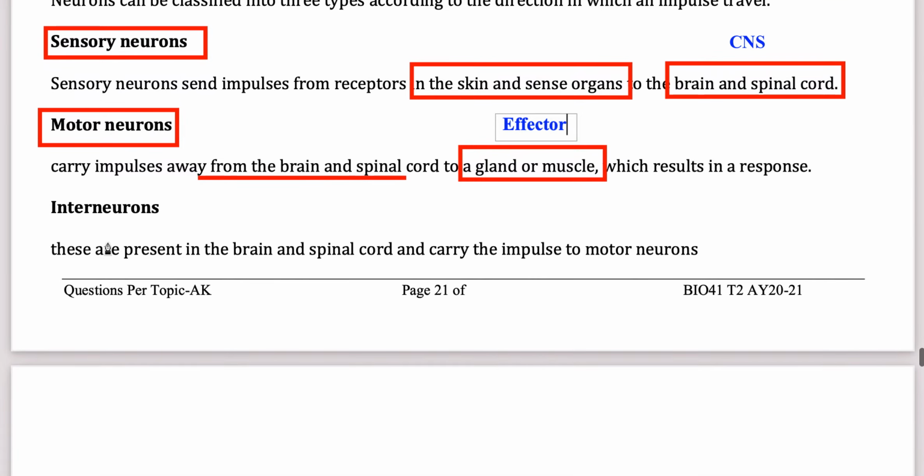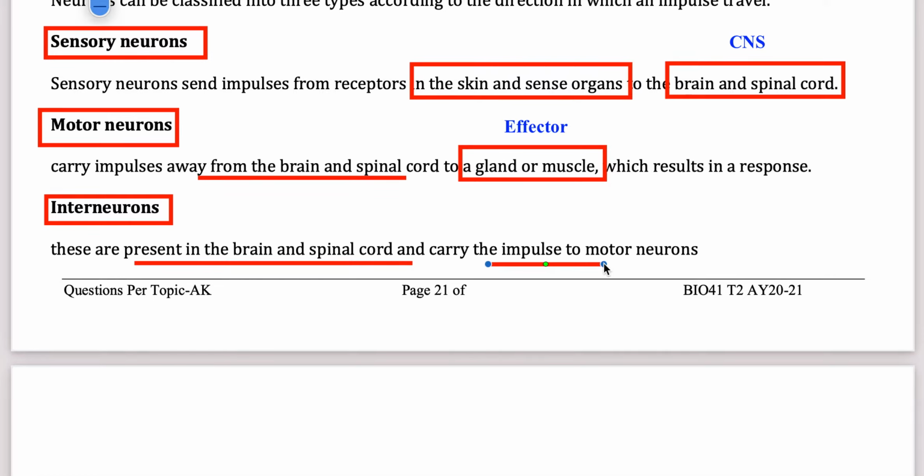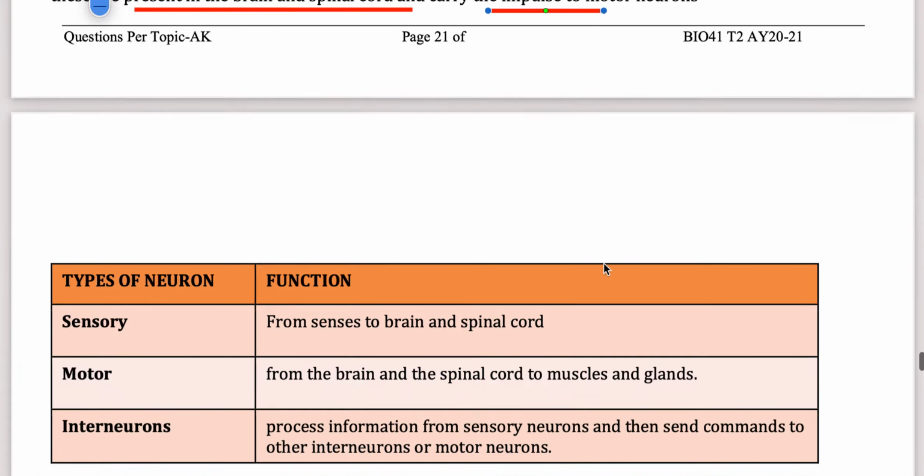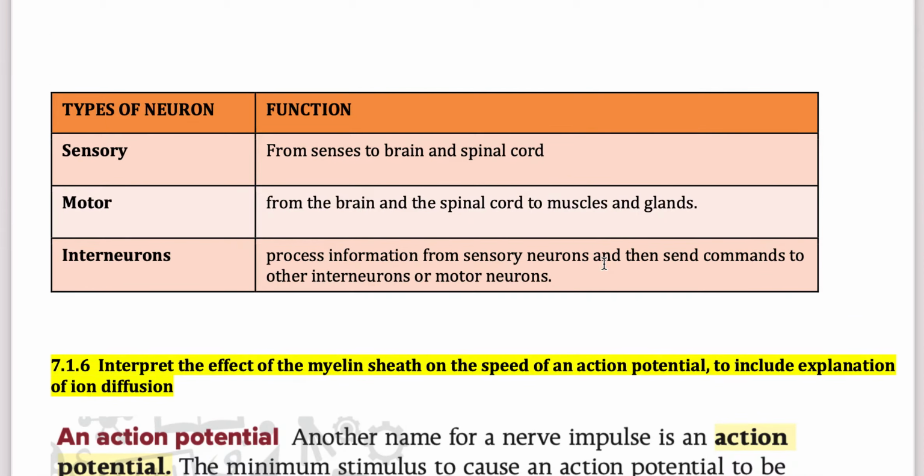Now we have a third type of neurons, which are interneurons, and these are present only in the CNS, and they carry the impulses from sensory neurons and pass these to motor neurons. This table summarizes the same: sensory neuron, motor neuron, and interneuron.